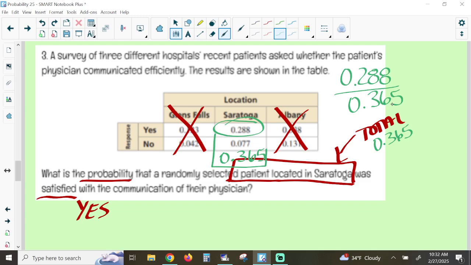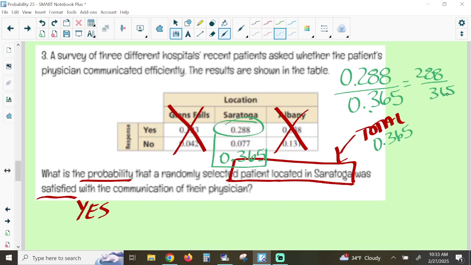If you want to change it to a fraction that works, you can do the trick. However many places I move this over, I can move this over, and then I have normal numbers. Like I could move this over and have 288 out of 365. That would work. Or you can just do top divided by bottom and turn it to a decimal, okay? Does it come out pretty or no? It doesn't come out pretty no matter what, right?